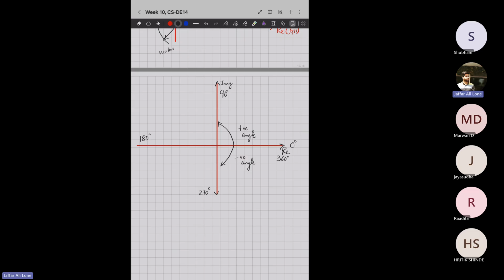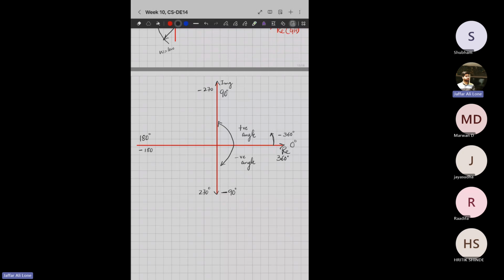When I'm going counterclockwise, I'm getting positive angle. But if I'm going clockwise, then this 270 is also minus 90, this 180 is also minus 180, this plus 90 is also minus 270, and this 0 degree is also minus 360.